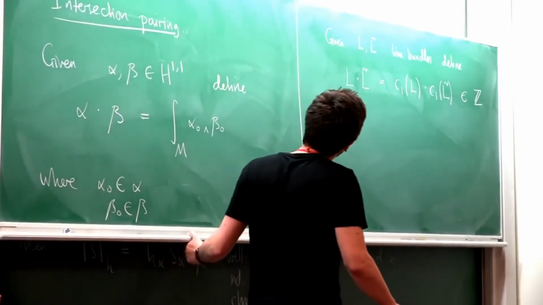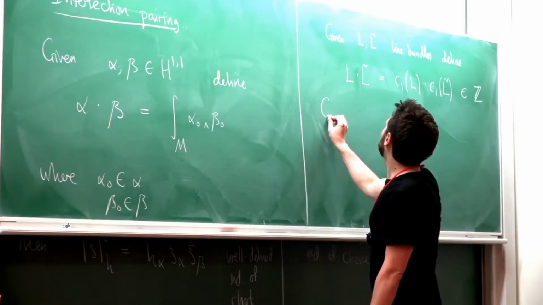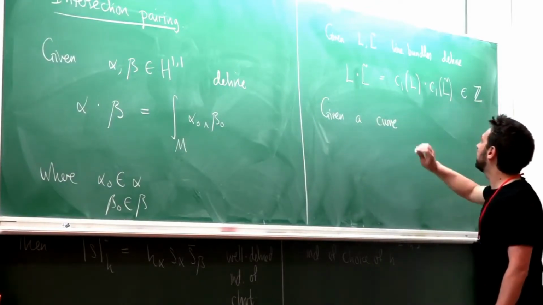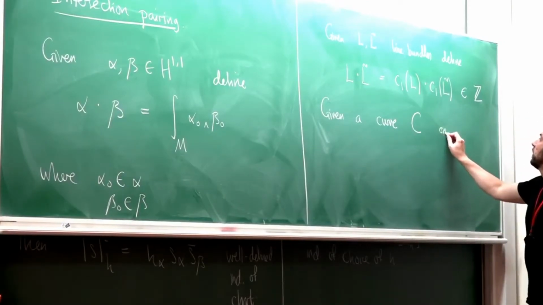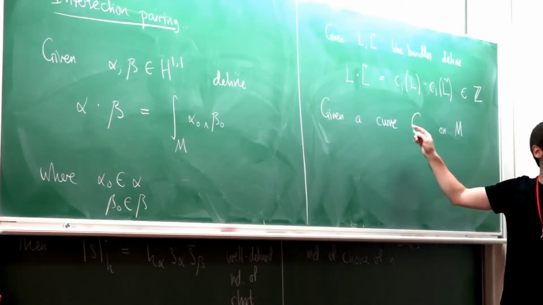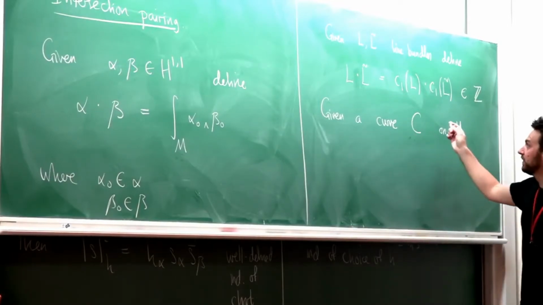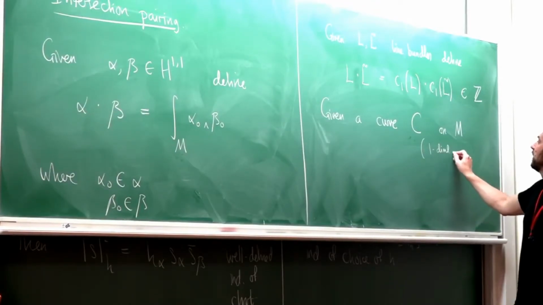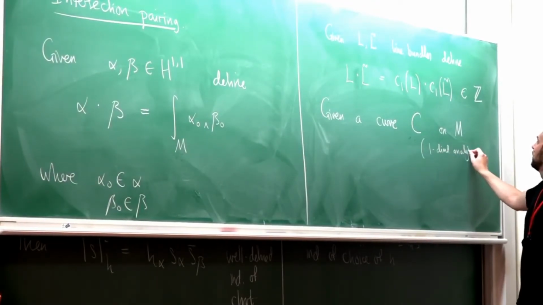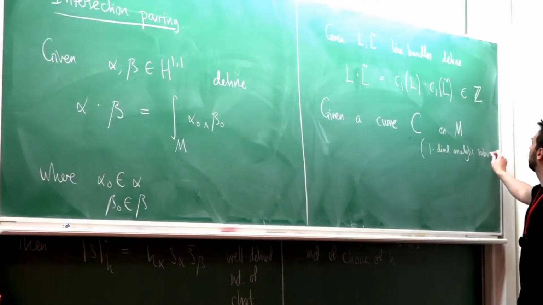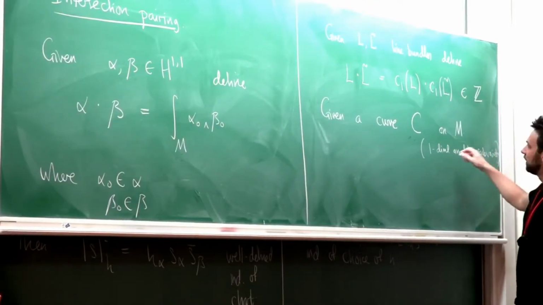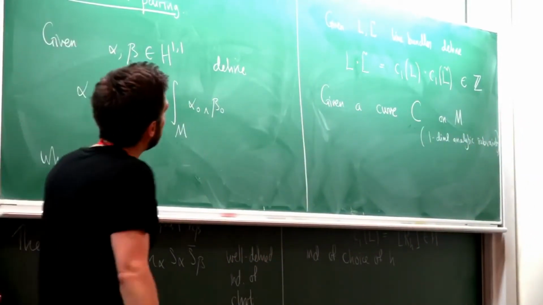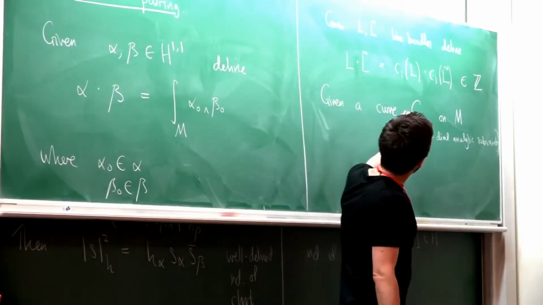And moreover, I'm going to talk a little bit about topology. Given a curve C on M, so this is a one-dimensional analytic subvariety. Technically speaking, I could allow it to have some singularities, but those will be just at some points. But mostly we're going to be dealing with curves which are smooth.